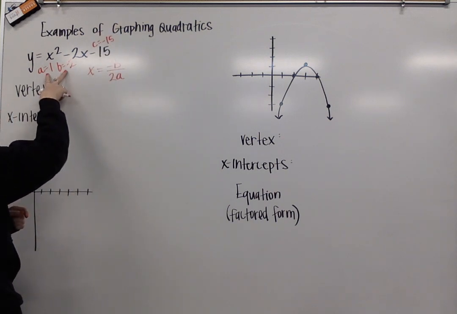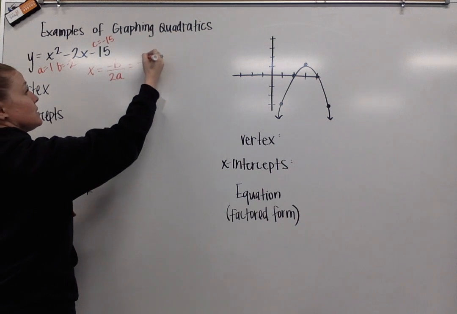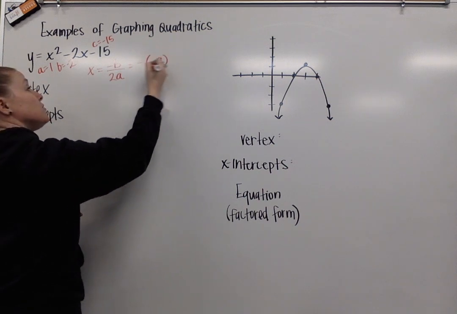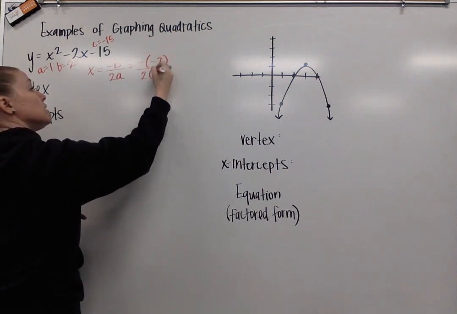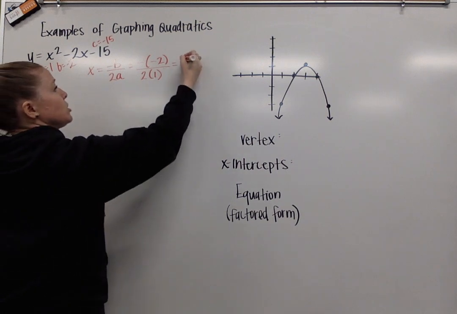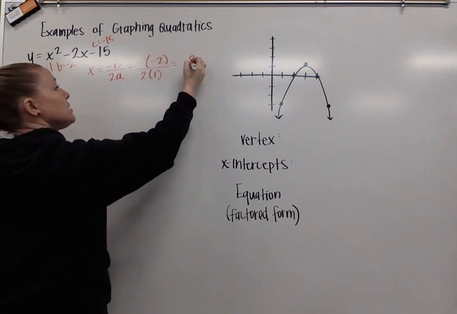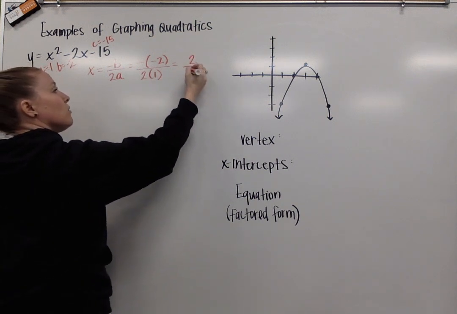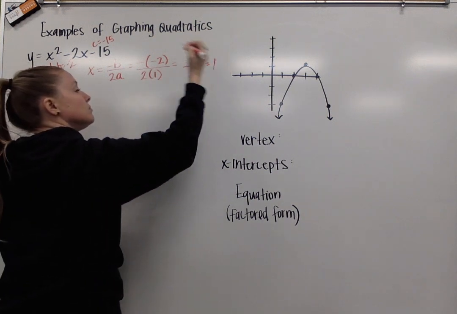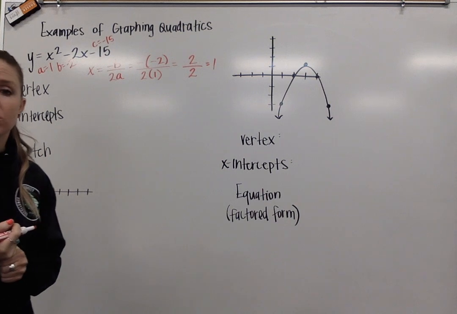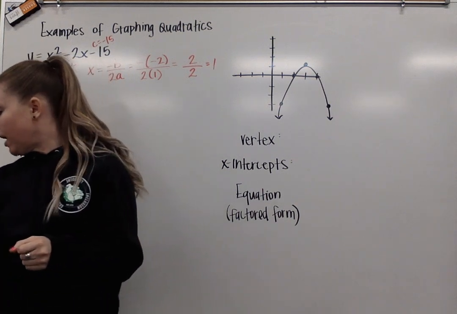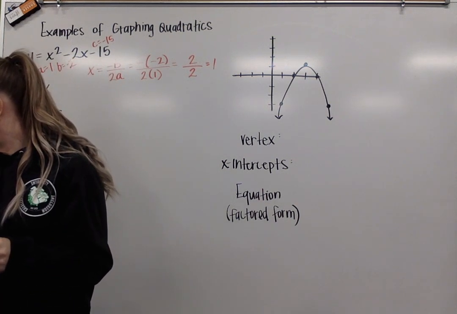I'm going to substitute my a and my b in. So this is negative 2 over 2 times 1. A negative times a negative is positive 2, and 2 over 1 is 2. So I get 1. The x value of my vertex is 1.